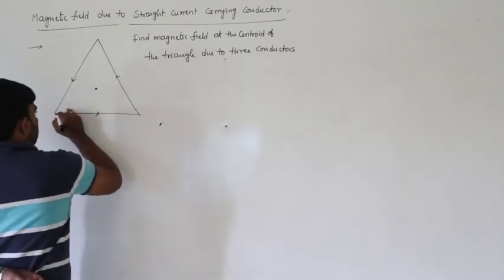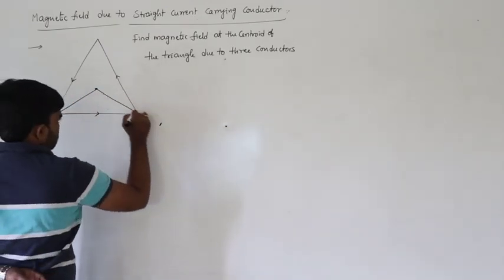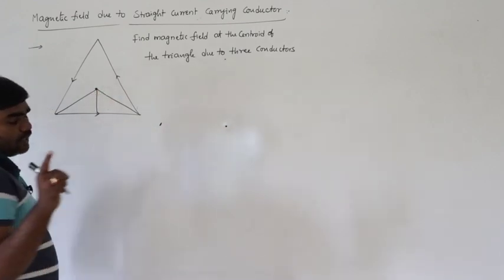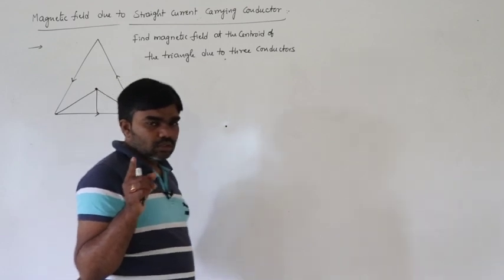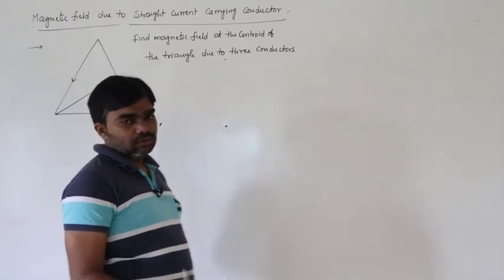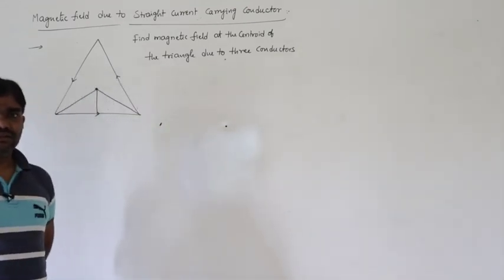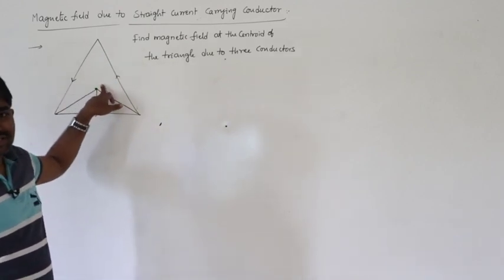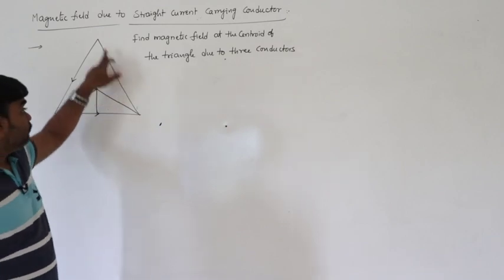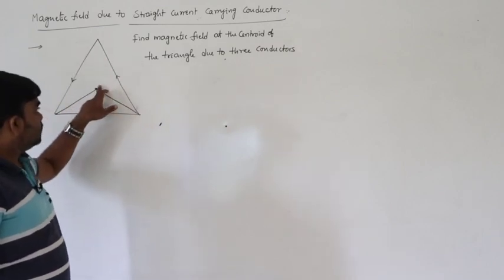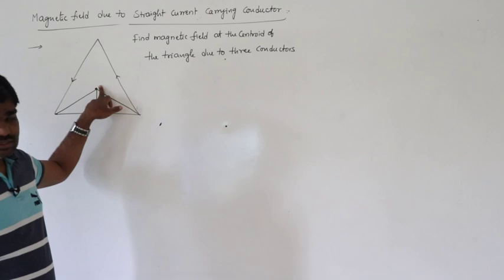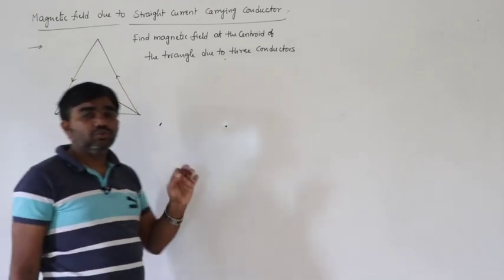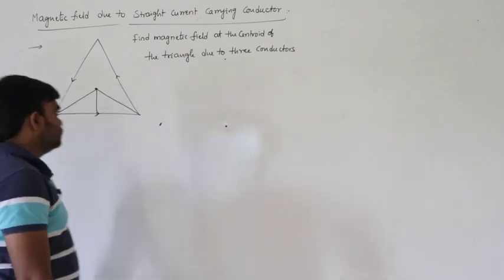So first we have to calculate the magnetic field due to one conductor, then we can multiply with 3. Centroid means this point is equidistant from all 3 conductors. That's why we first calculate the magnetic field due to one conductor at the centroid.